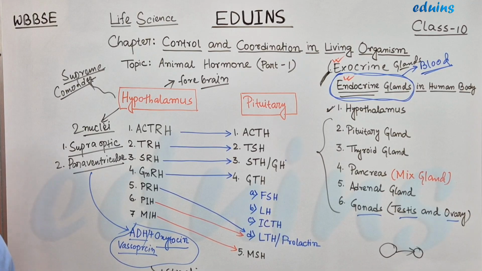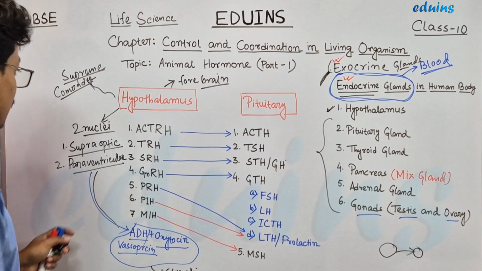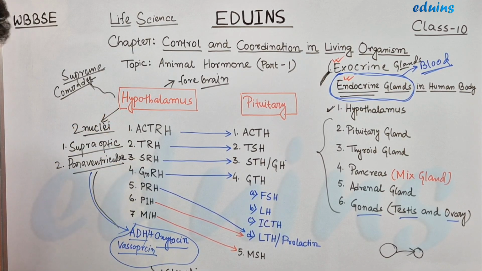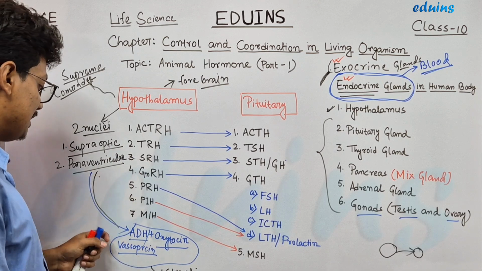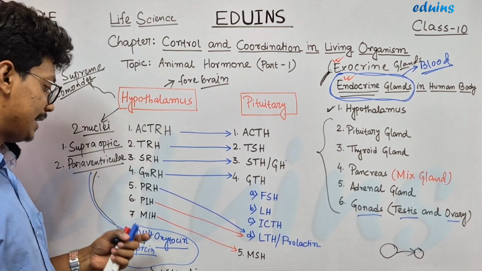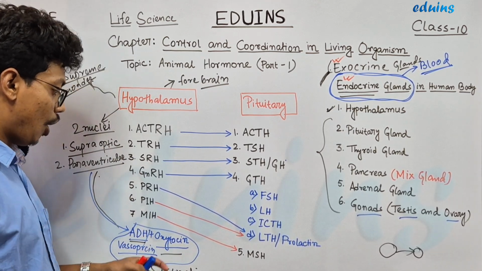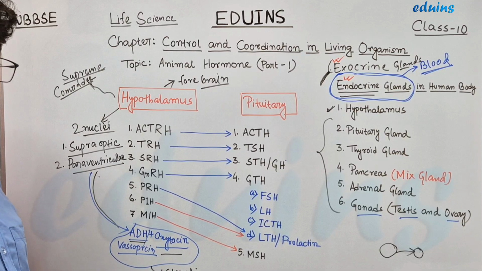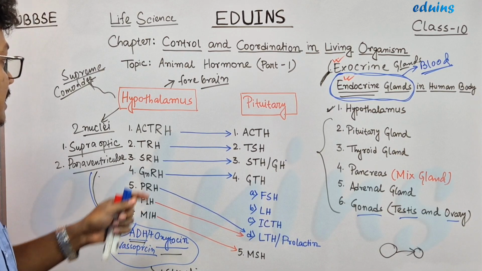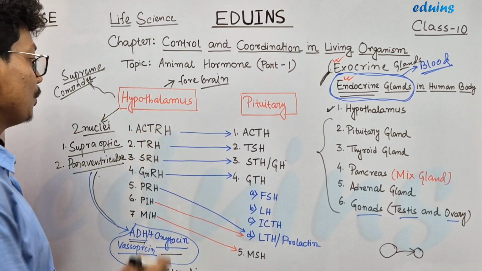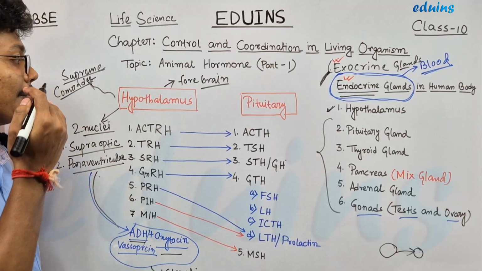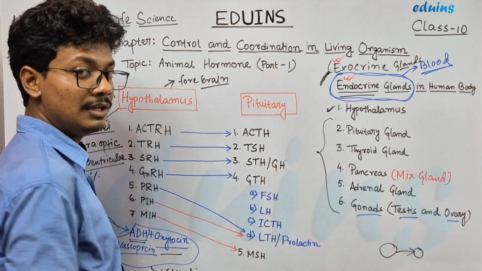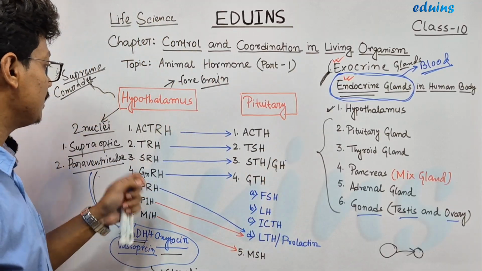Okay, so this is the secretion of the hypothalamus. Besides vasopressin or antidiuretic hormone and oxytocin, there are another 7 types of hormones released from the hypothalamus, which control the secretion of the other endocrine glands. What are they?